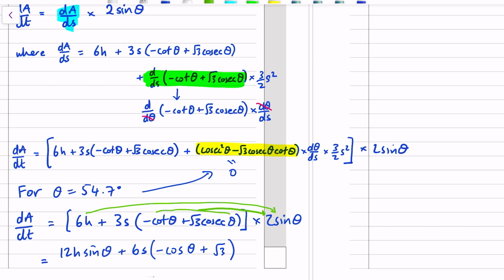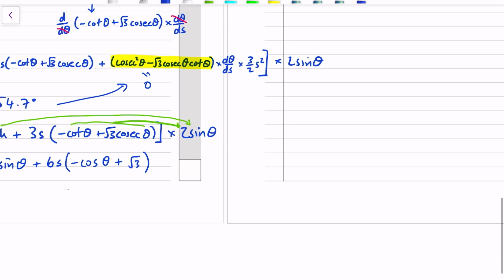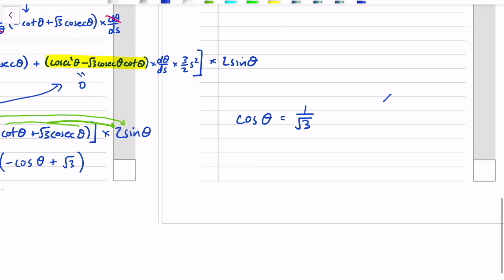And then lastly, we need to go and substitute theta equals 54.7 in again, or remember I said that that's equivalent to just remembering that cosine theta is equal to 1 over root 3. Drawing a triangle for that, it's the third right angle triangle I've drawn in this video.